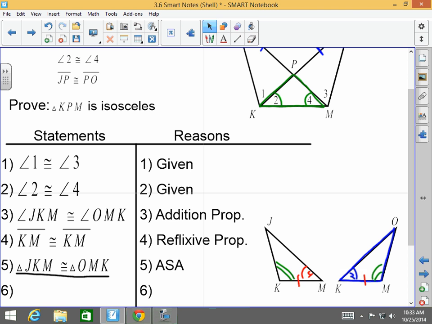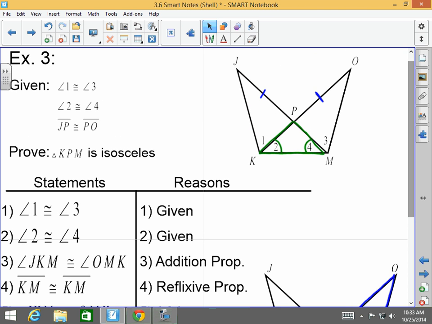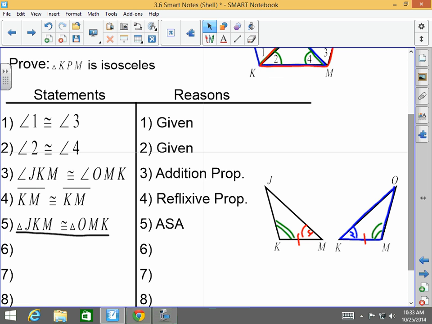Now you may be thinking, whoa, wait a second. What do you mean subtraction property, Mr. Morrow? Didn't we already prove that JKM is congruent to triangle OMK? Right? So we know that JM is congruent to OK.